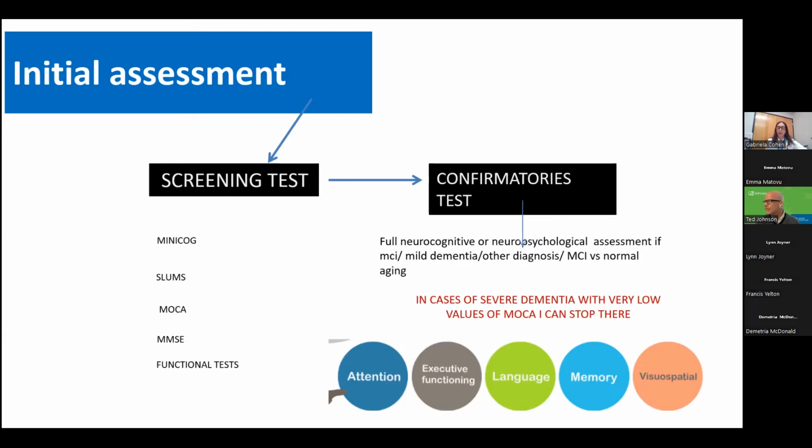But if you have a higher MoCA and you want to nail down the differential, you're going to try to do a full neurocognitive or neuropsychological assessment. And I like to call this neurocognitive and not neuropsychological, because we're really focusing on all cognitive domains. You're not doing a personality disorder examination, you're really focused on cognition.